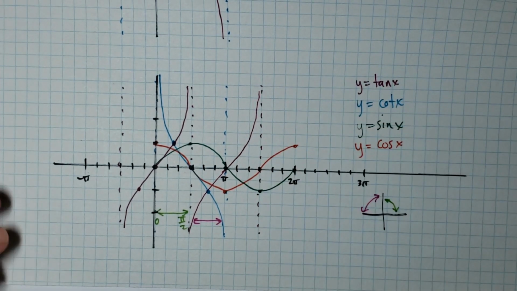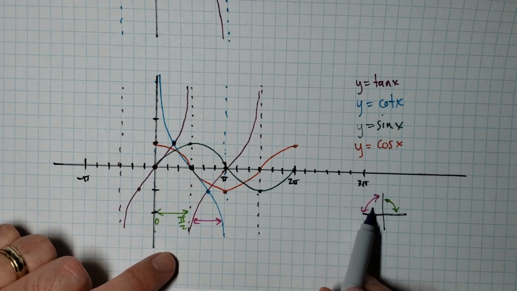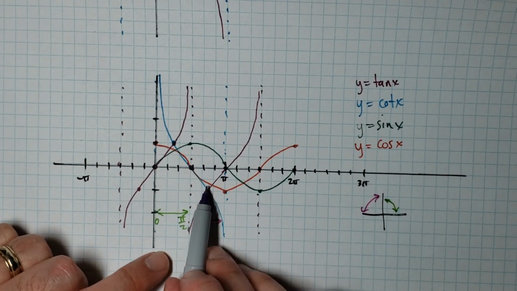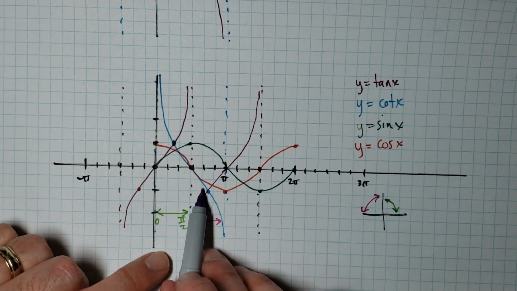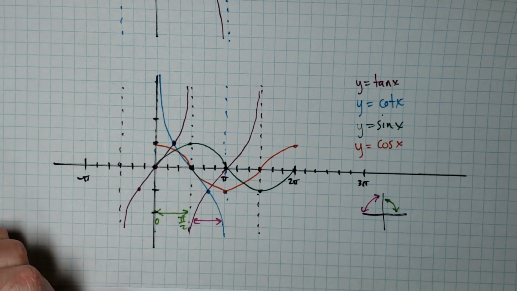So that might be useful to do, and I don't need to draw cotangent. All right, so in this region, sine is positive, cosine, cotangent and tangent are all negative.